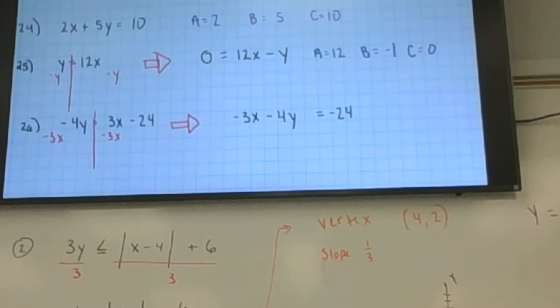Okay. So when I put X and Y on the same side in 26, A can't be negative, so I will divide everything by negative. I'll do some algebra. Divide both sides by -1. Wait, they can't be negative? A can't be negative.